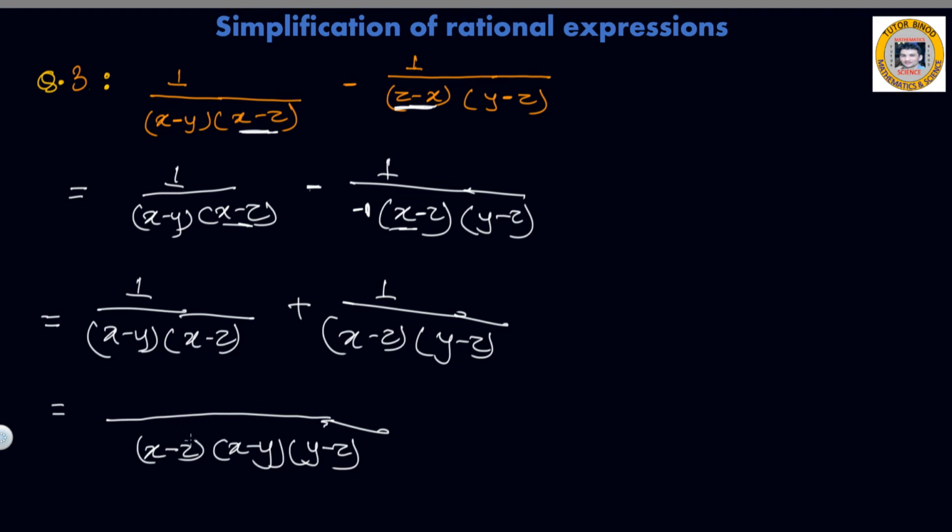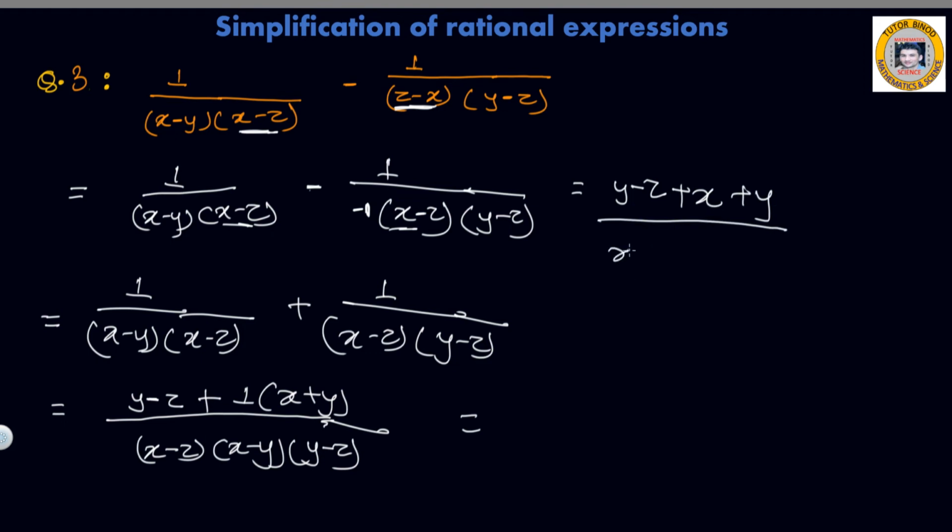Because x minus z is gone, x minus y is gone, y minus z remains, so y minus z would be over here, whereas the plus sign is here. For x minus z, y minus z, x minus z, y minus z is gone, so the x minus y part will remain, but I have to multiply that with 1, which will be as it is. So if I want to go further, I would be getting y minus z plus x plus y. On the bottom we have x minus z, x minus y, y minus z.